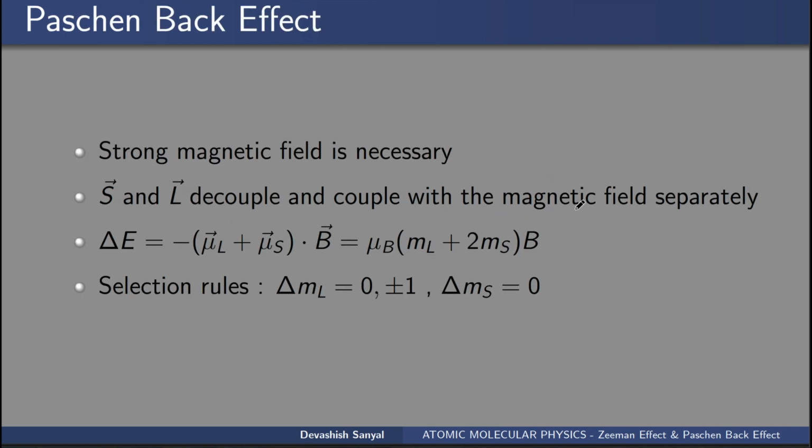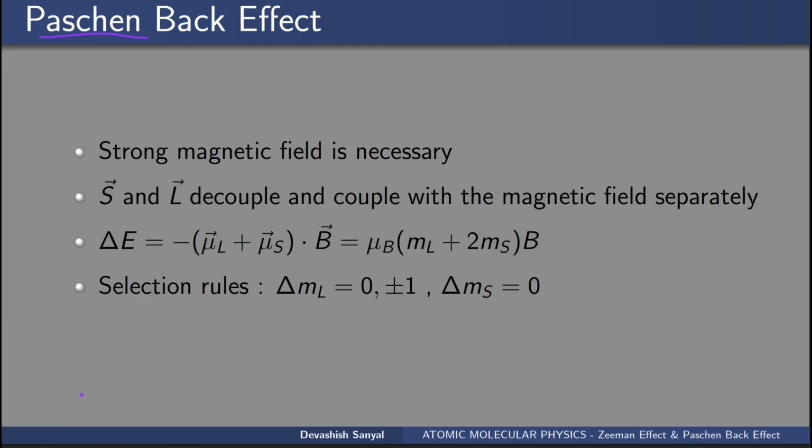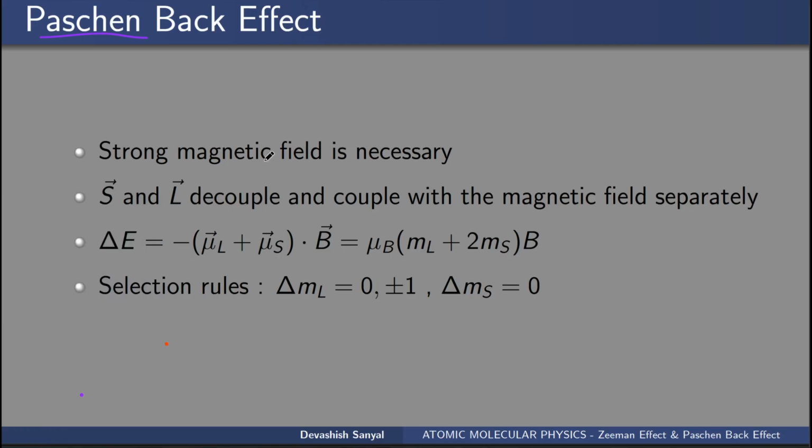So now we go to the Paschen-Back effect, which also happens in the presence of a magnetic field, but there is a very important difference: it has to be a strong magnetic field.